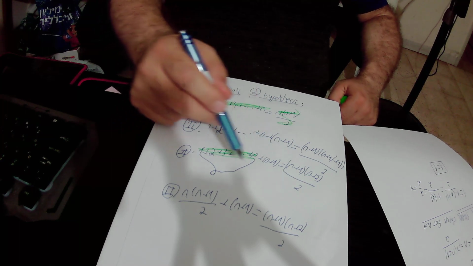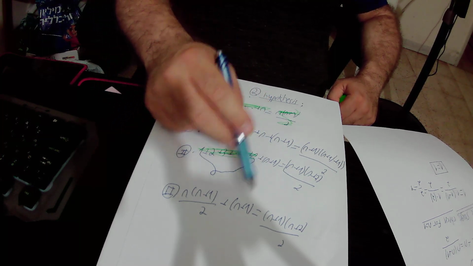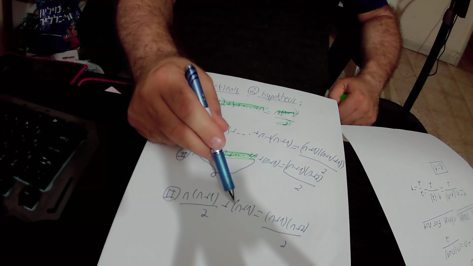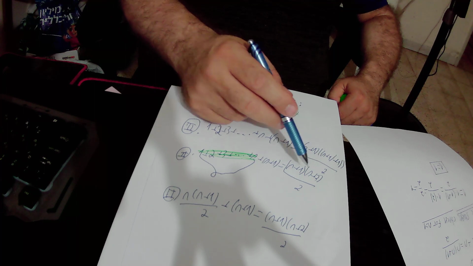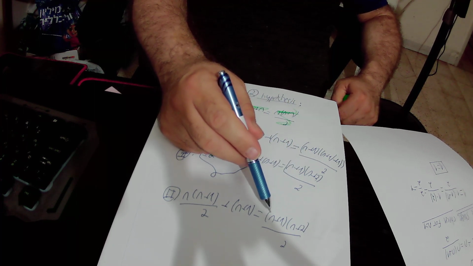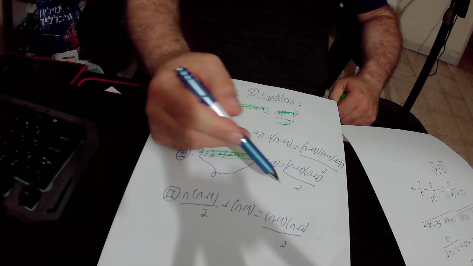And the rest of the equation is the same as equation 2 here. Here it is n plus 1, we copied it, n plus 1, to here, and equals n plus 1 times n plus 2 divided by 2, so it is also the same expression, n plus 1 times n plus 2 divided by 2.